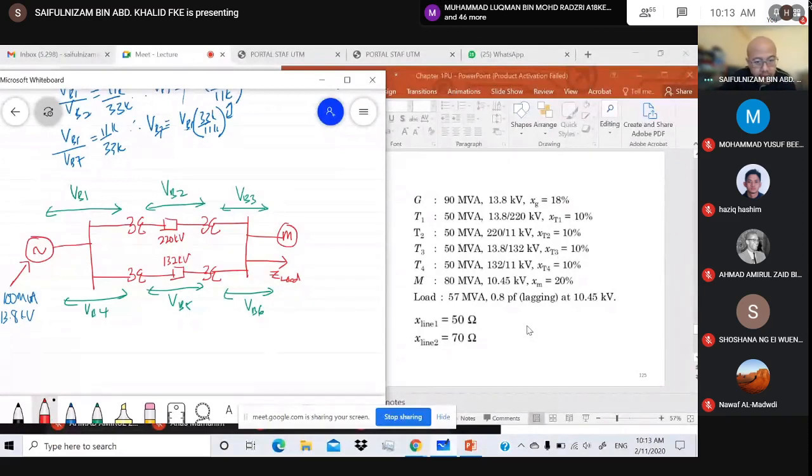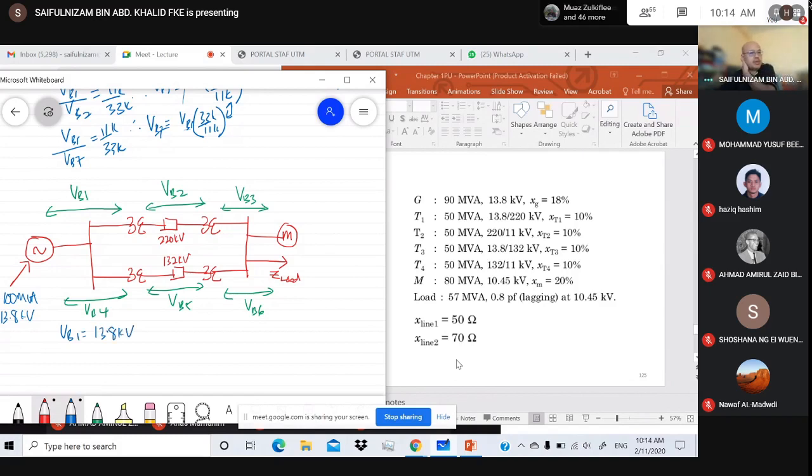Now, what is VB1? VB1 equal to 13.8. Base is our base at the generator.